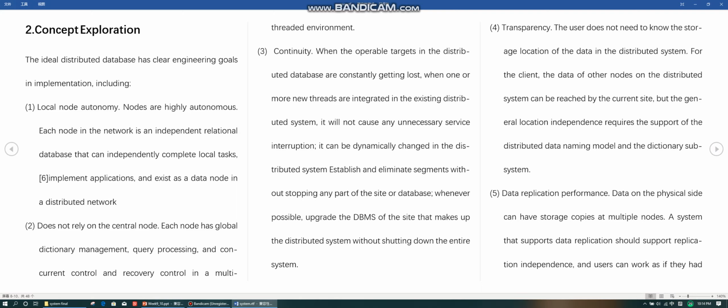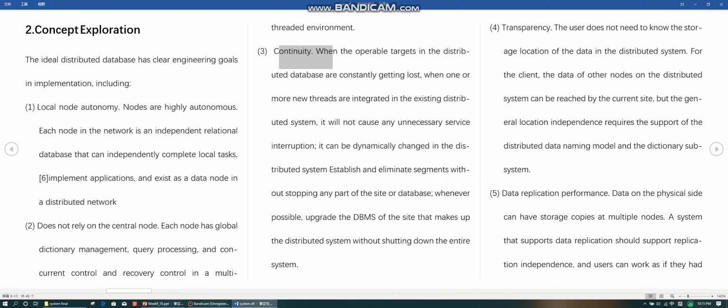So it is not a master-slave system, which means all nodes share equivalent rights, and they don't need to call each other for most queries, and the queries have concurrency, which means the task can be done at a local node or nearby nodes in parallel, and it increases the efficiency of the whole database system.